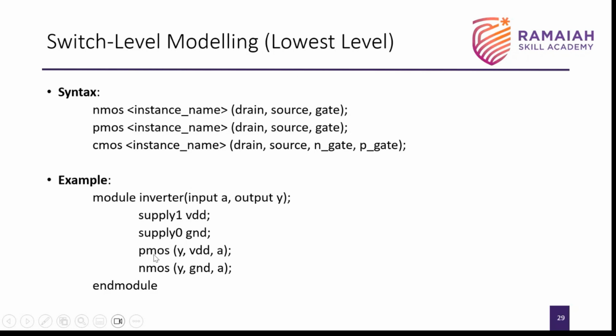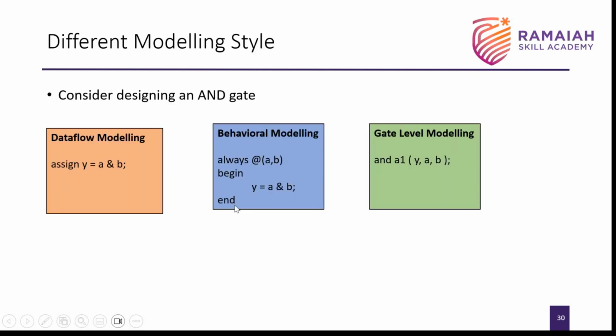So that is why PMOS, Y, VDD, A. For NMOS, the source is connected to ground. That is why instead of VDD here, we have written ground. So you have to directly deal with the NMOS, PMOS in terms of switch level modeling.